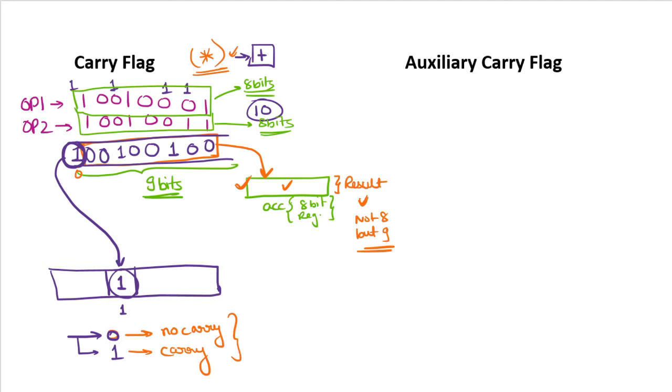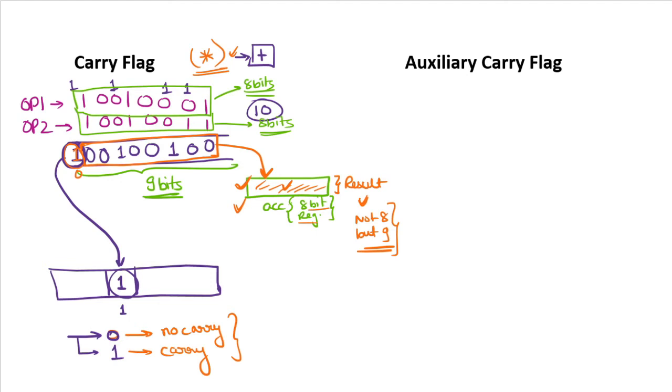Now this 1-bit, that is 1, should be added in front of the value that is stored in accumulator in order to use it further. So this is how we know whether the result stored in accumulator is either an 8-bit value or a 9-bit value, right? Okay, so now let's discuss the auxiliary carry flag.